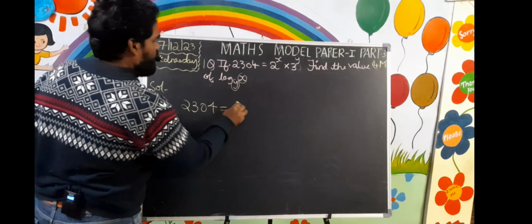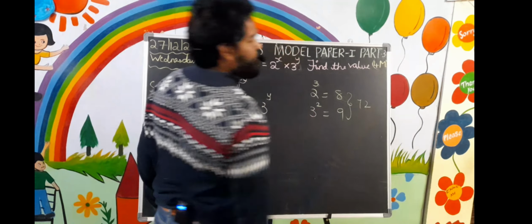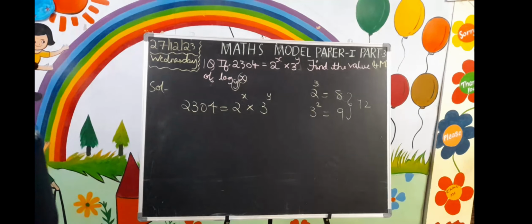For example, 3 power of y, instead you have 3 power of 2. So it is 3 multiplied by 3, that's 9. And now there is a multiplication sign in between both, which means 2 power of 3, which is in the place of 2 power of x, and 3 power of 2, which is in the place of 3 power of y, both should be multiplied. That means 8 and 9 should be multiplied. If you multiply 8 and 9, you will get 72. 8 9s are 72.